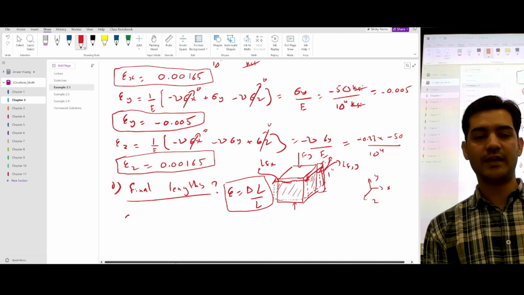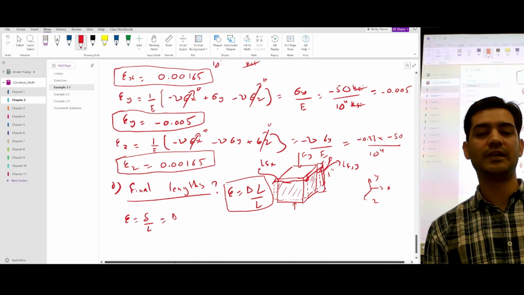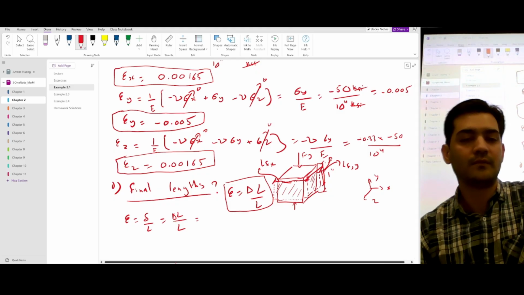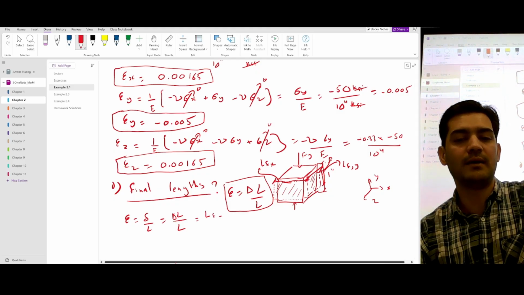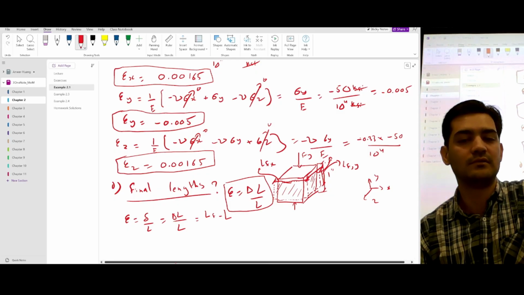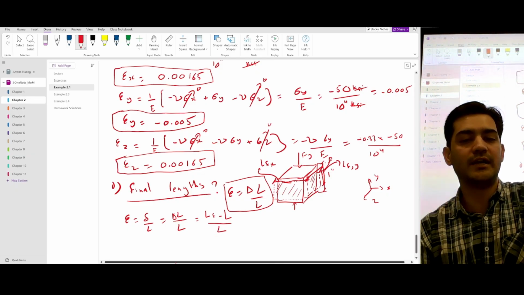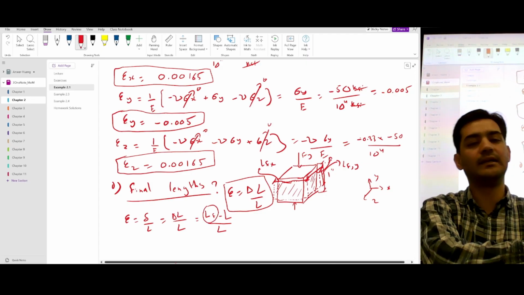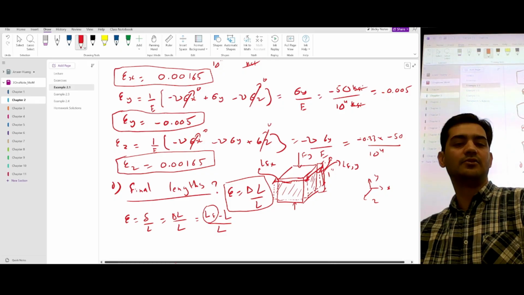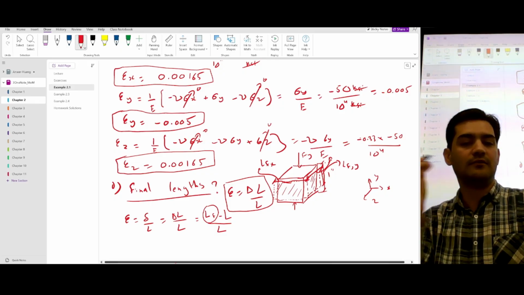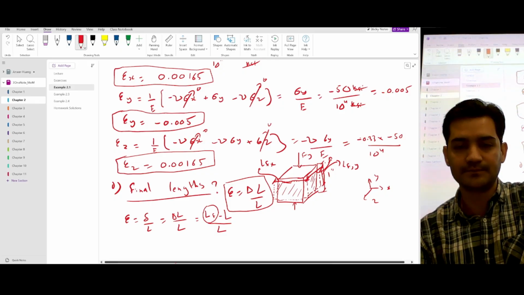So we know what strain is. Strain is elongation divided by length, or change in length divided by original length. So what is change in length? Final length minus the original length, divided by the original length. We can rearrange this and take the final length on one side and the rest of the variables on the other side so that we can formulate the equation for the final length.